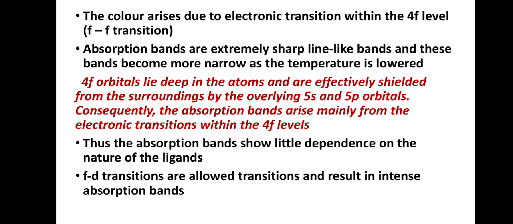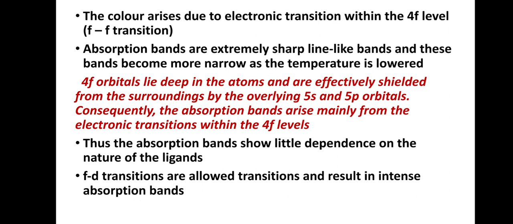Consequently, the absorption bands arise purely from the electronic transitions taking place within the 4f levels. So ultimately we can say that the absorption bands have very little dependence on the nature of the ligands.